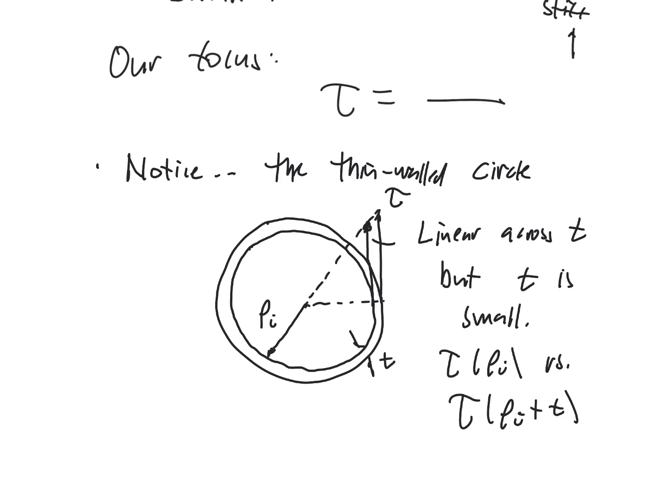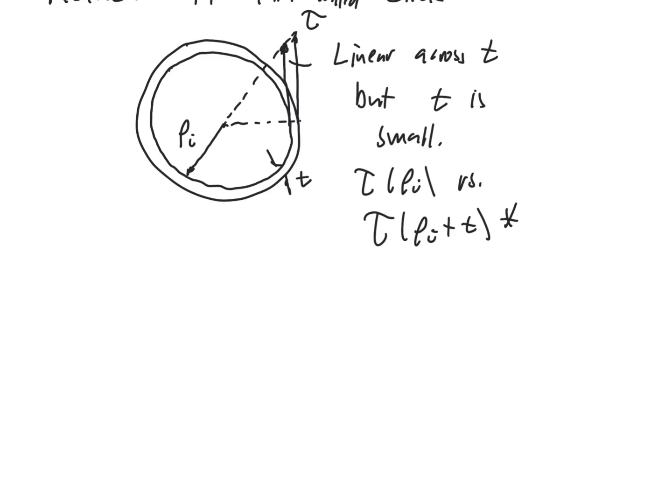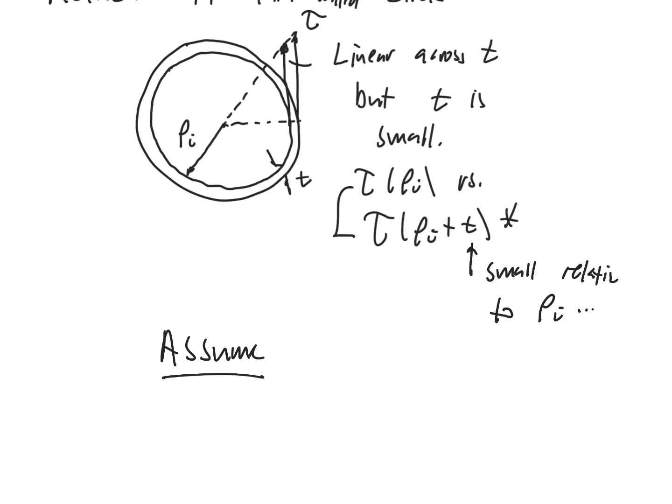Clearly, this one's going to be bigger. That's larger because it is linear and we are increasing it a little bit. But if we're saying that T is small relative to the inner radius, that means that these guys are roughly the same. So here is our first assumption that we're going to make. We will assume, and it is an assumption, it's not quite true.